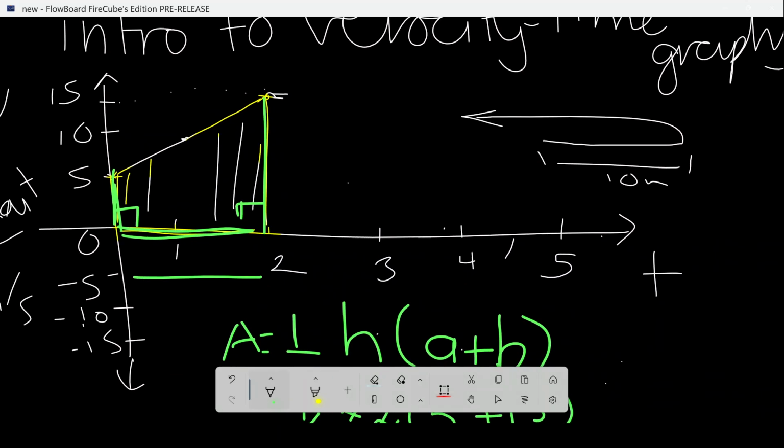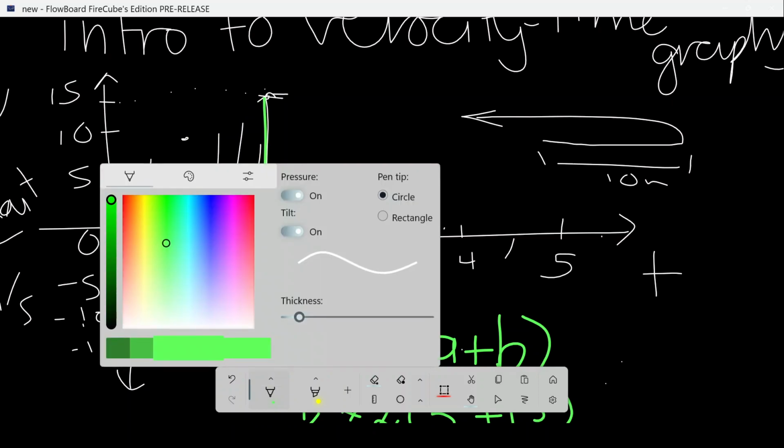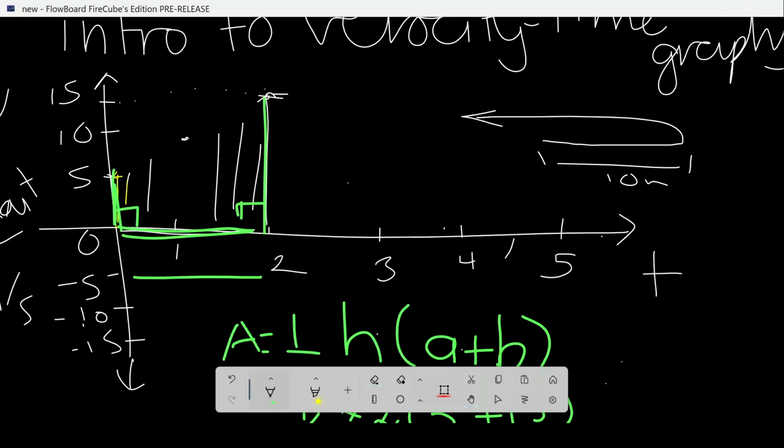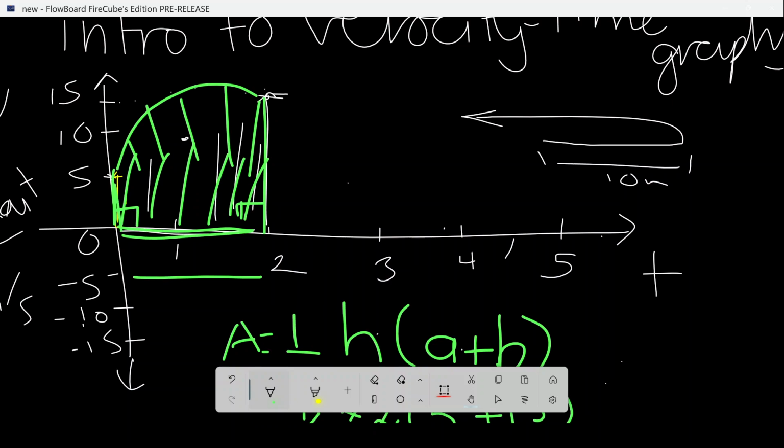If we had something that maybe looked like that, we couldn't use the equation we've calculated right now, because that's not a trapezium, it's some weird circular shape. We'll need to use something else. We'll need to use integration, which is finding the area. That's what we use to find the area underneath a curve.